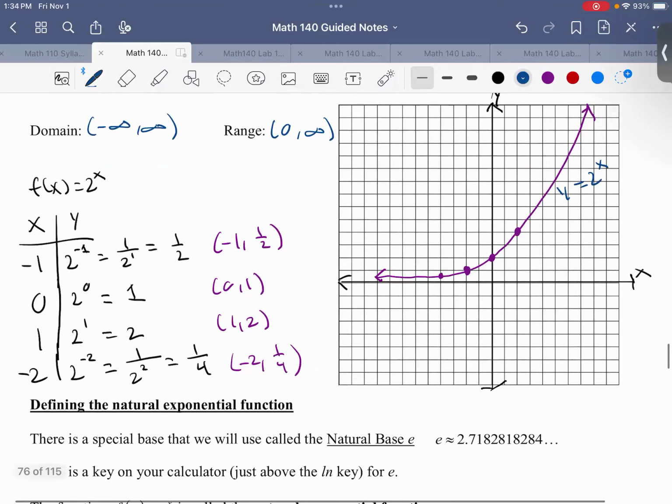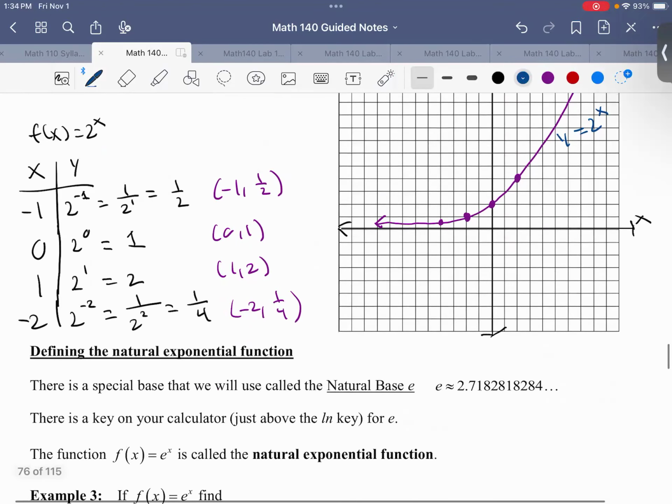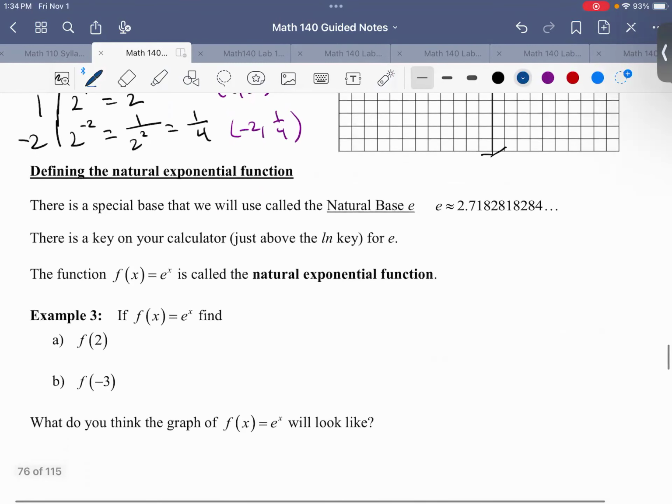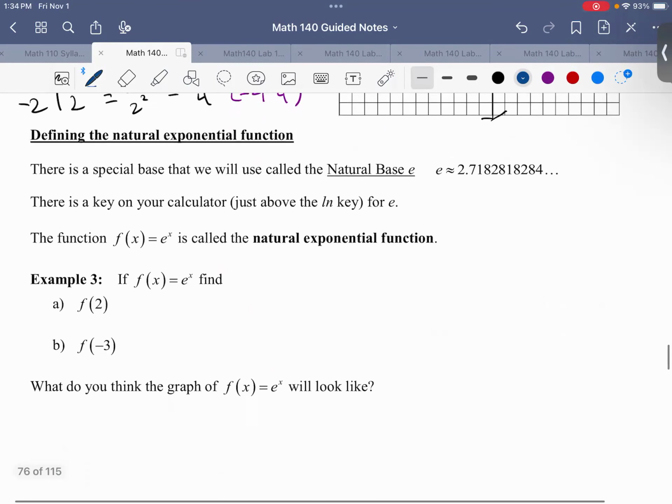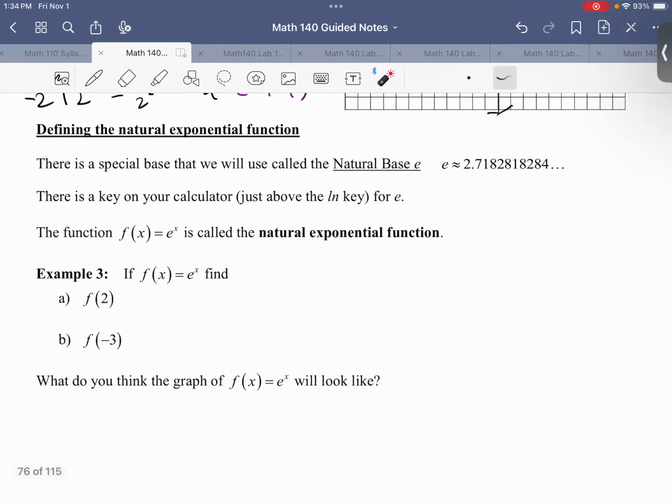Okay, now let's go ahead and define the natural exponential function. So there's a special base that we would use called the natural base e. Think of it as pi, where pi is approximately 3.14 dot dot dot.